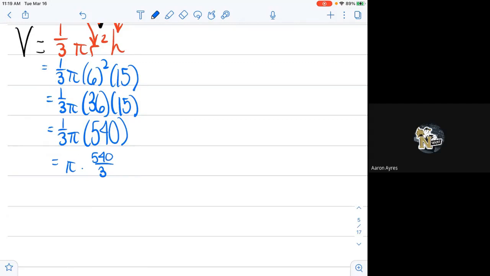Does that make sense? I just changed that 1/3 to division. So try to divide by 3 first if you can. Sometimes it might not work out to be a nice number. That's okay. We're going to approximate this value anyway. What's 540 divided by 3? Go for it, Lily. 180. So this becomes 180 times pi, or you can do pi times 180 if you want to keep it in order. That's fine.